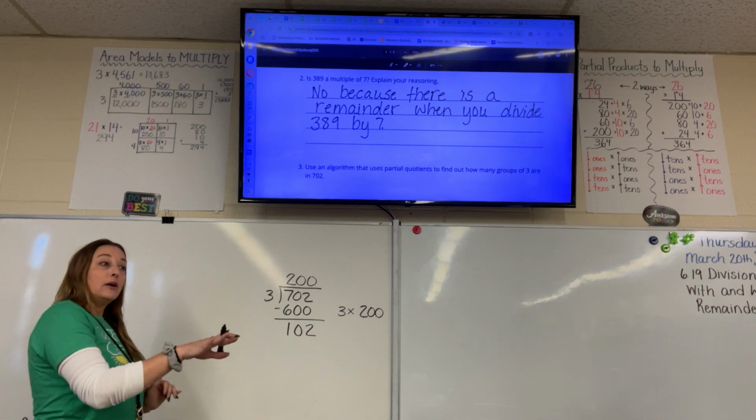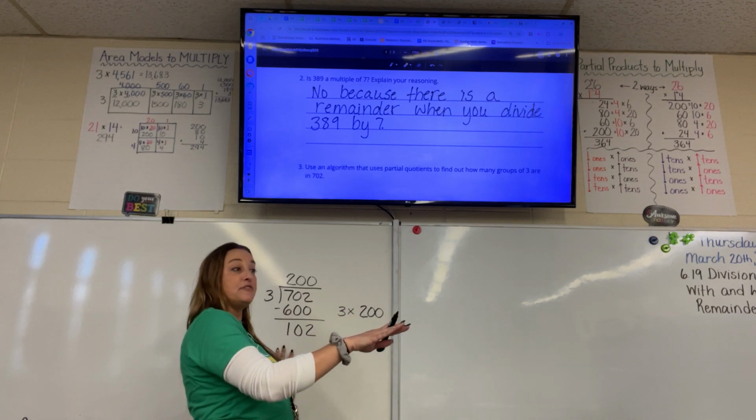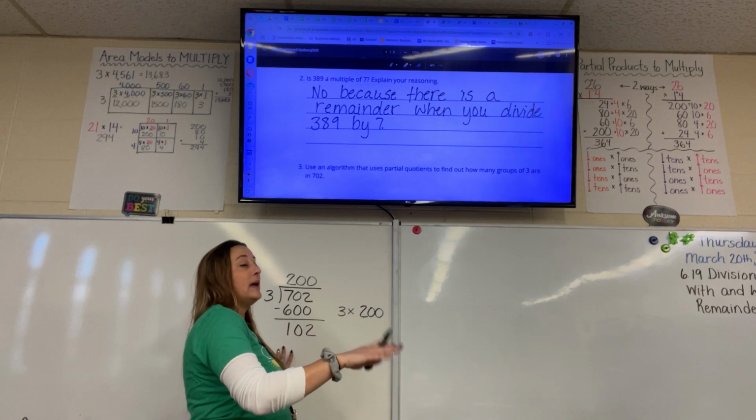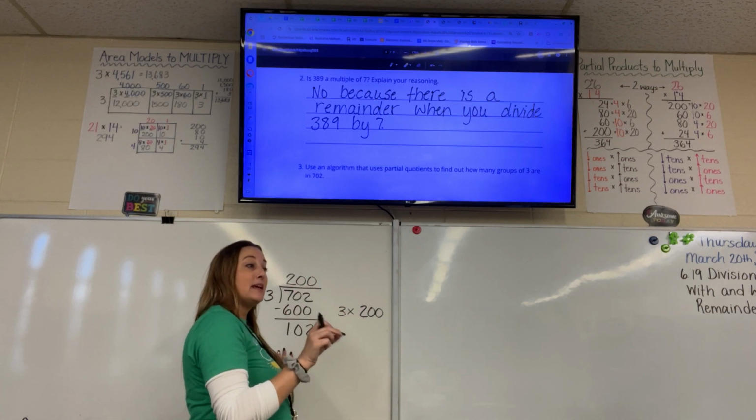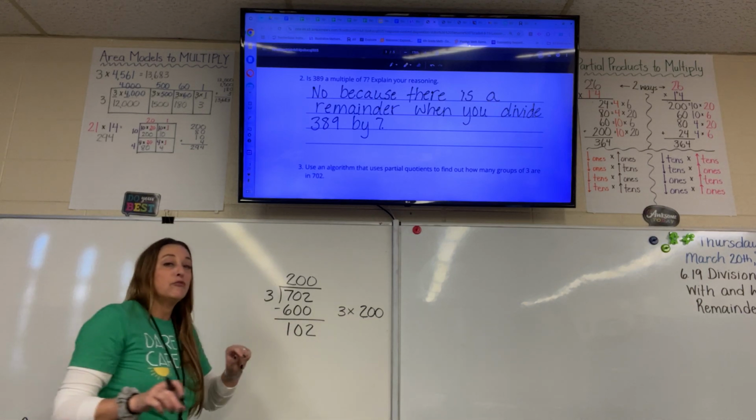Let's think bigger because we want to get rid of as much of this. You're right, 15 would work, but go as big as you can without going over 102.